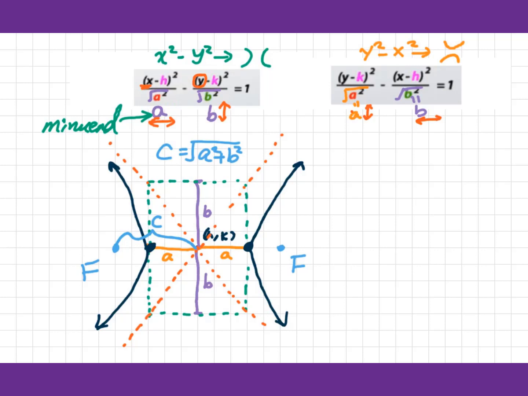Now let's sketch this vertical hyperbola. We know this is the (h, k) center. Then go up a, then down a. Label this a. Horizontal b, this is b. Label this is b. Then you draw the box.